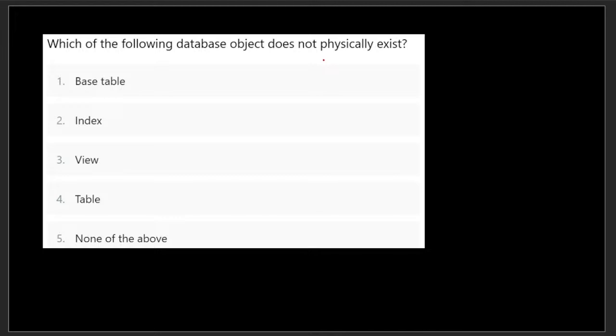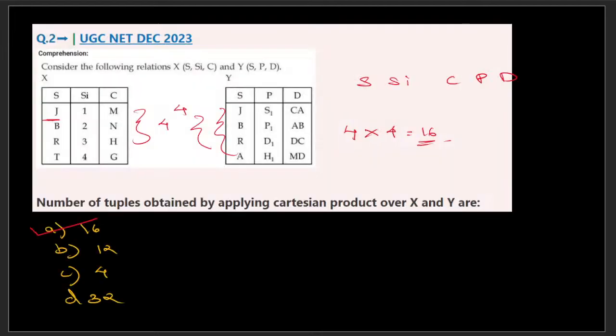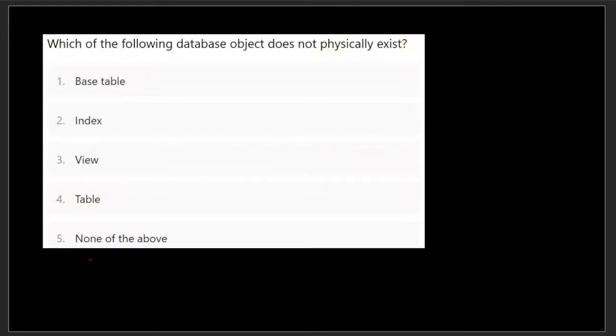Answer, everyone. Which of the following database objects does not physically exist? Base table, index, view, table, none of the above.